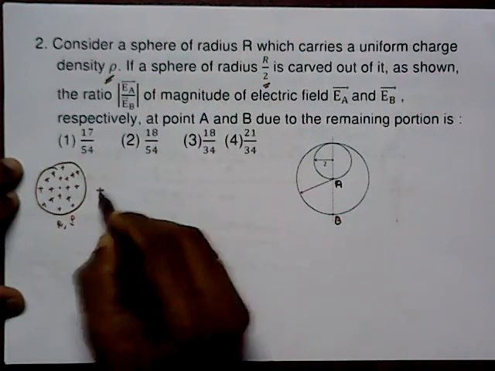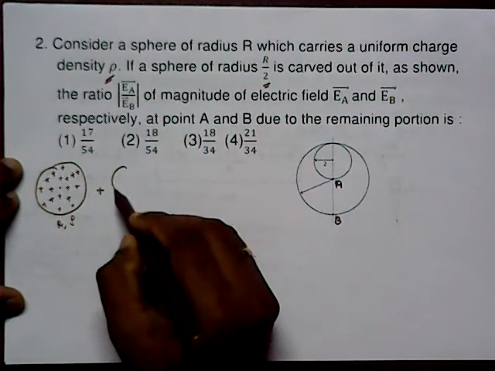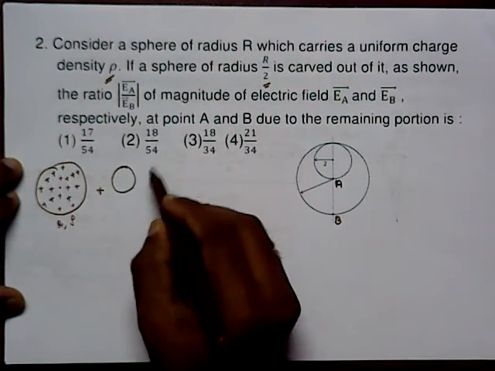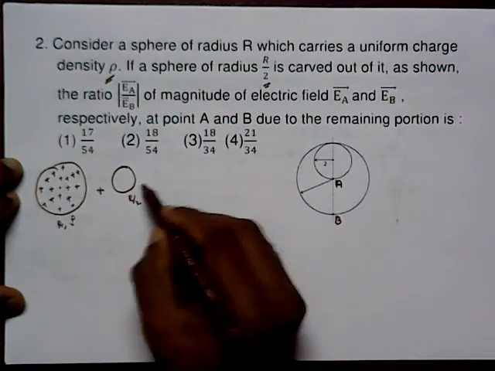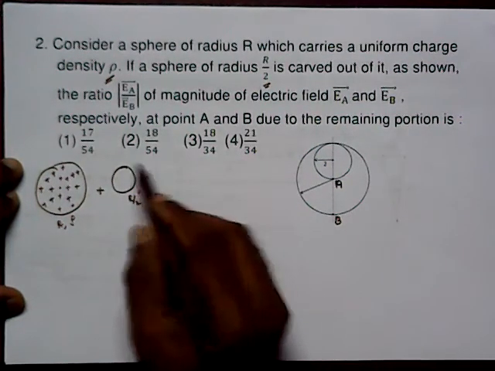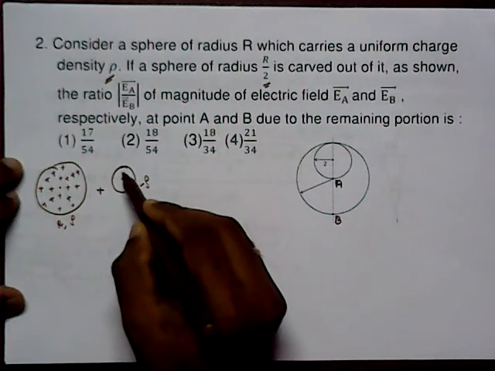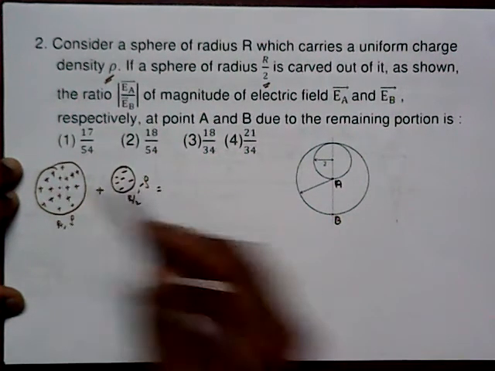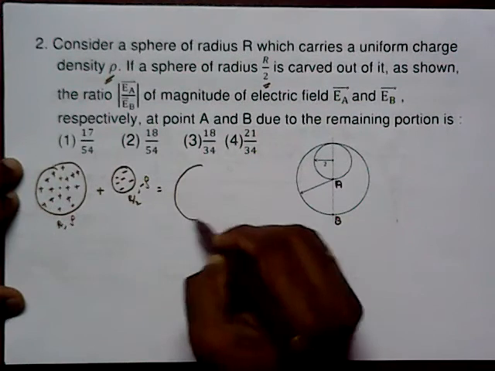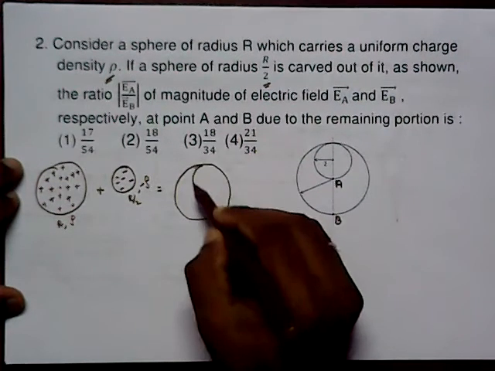But if you add another sphere having radius R by 2, but with the density as minus rho, and add it together, then we get the concept of this one.